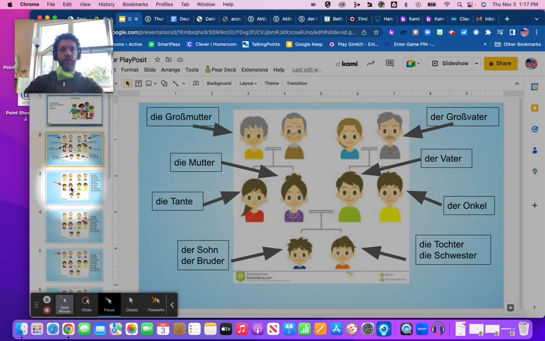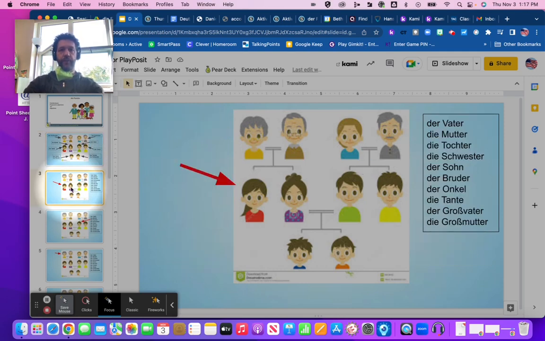So for the next slides, you're going to have questions that ask you to check all that may apply to each family member to which the arrow is pointing. So the arrow is pointing at her, and you're going to have some of these vocabulary words listed, and you're going to check all that apply. It could be more than one.